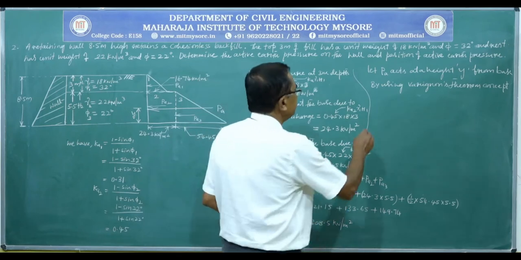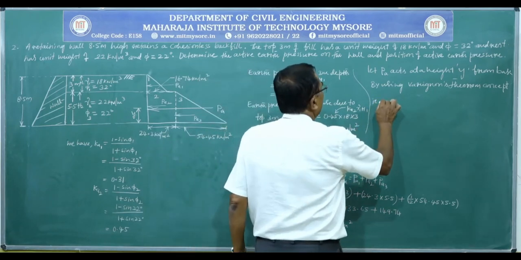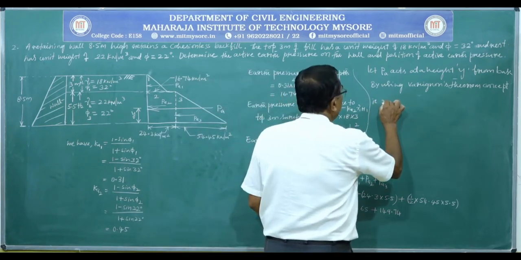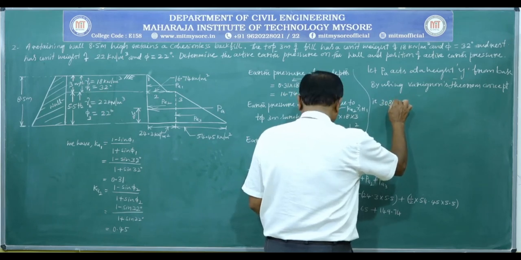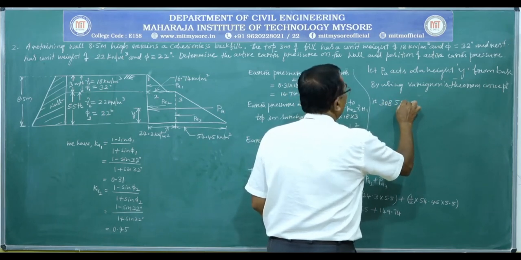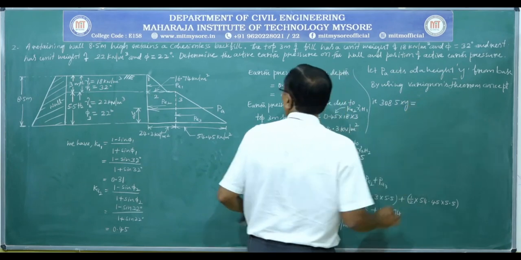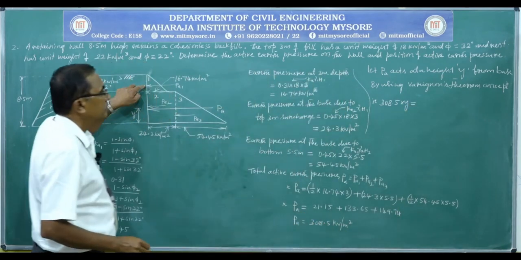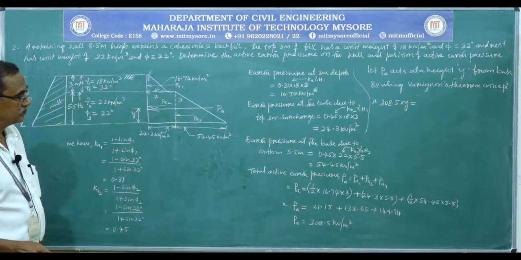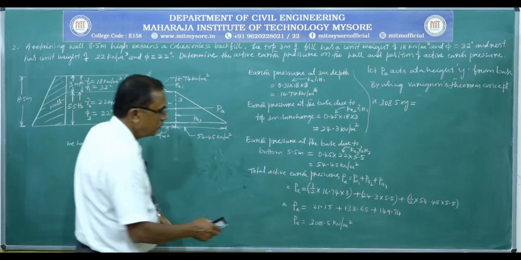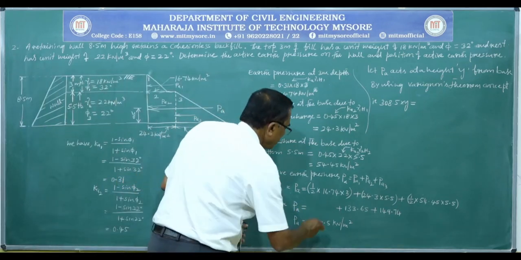That is, PA, we know PA is 308.5, multiplied by Y, that is equal to 25.11.